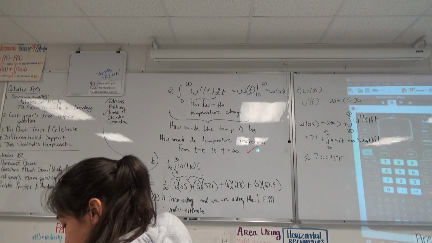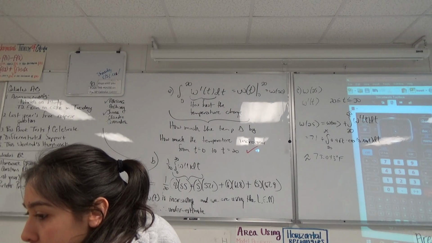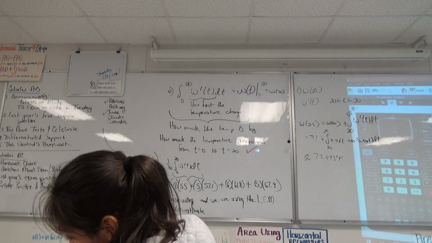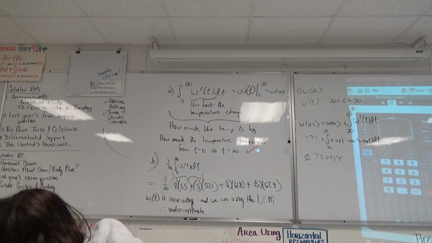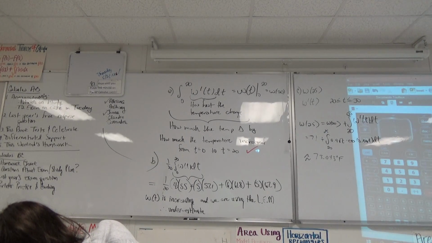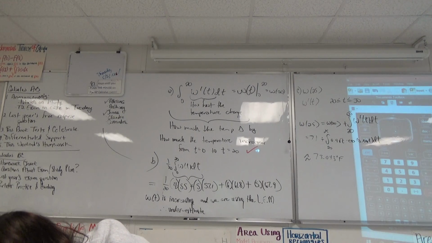Did anybody not get 73.043? Okay, well everybody finish up part D. Stay where you are. Let me talk to anybody who's not getting 73.043. Can you check what mode you're in? Somebody put your calculator in degree mode. It has to be in radian mode.